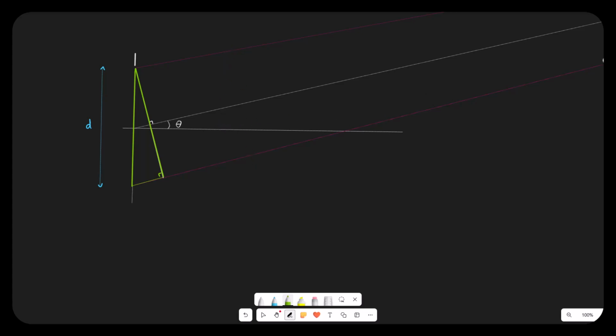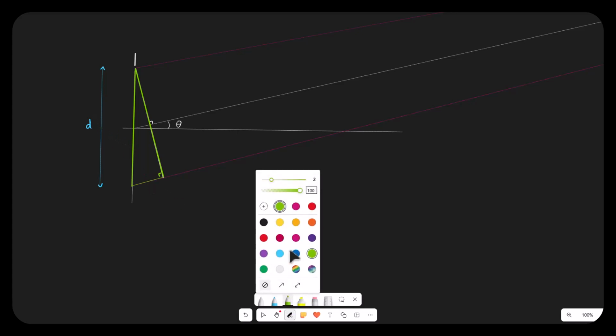But because that screen is so far away relative to this distance, those two rays are almost parallel. The angle difference between them is going to be small enough to where we won't even notice. So I've got that D, and this is the side that I'm really interested in, right here.